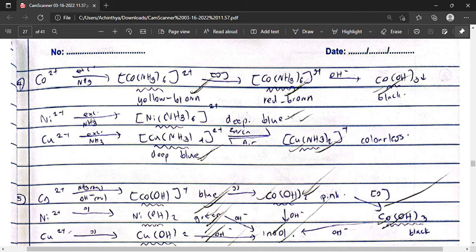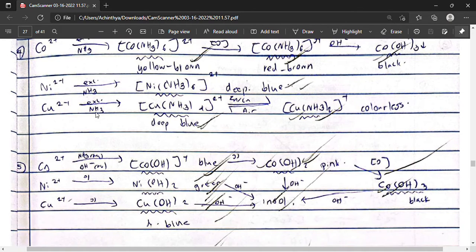If we add excess ammonia into nickel, we get a deep blue amine complex, hexaamminenickel 2 ion solution, which is as so. And if we do the same with copper 2+, we also get a deep blue amine complex.